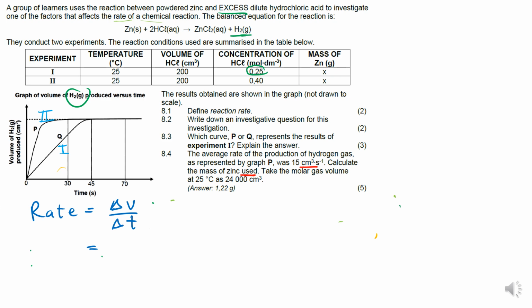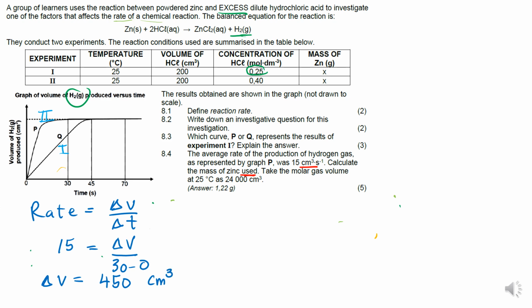So I can substitute here. I've got change in V, which is going to be the volume of hydrogen. The time, it's 30 minus 0, and the rate is 15. You can quickly calculate that, and you should get 450 cubic centimeters.